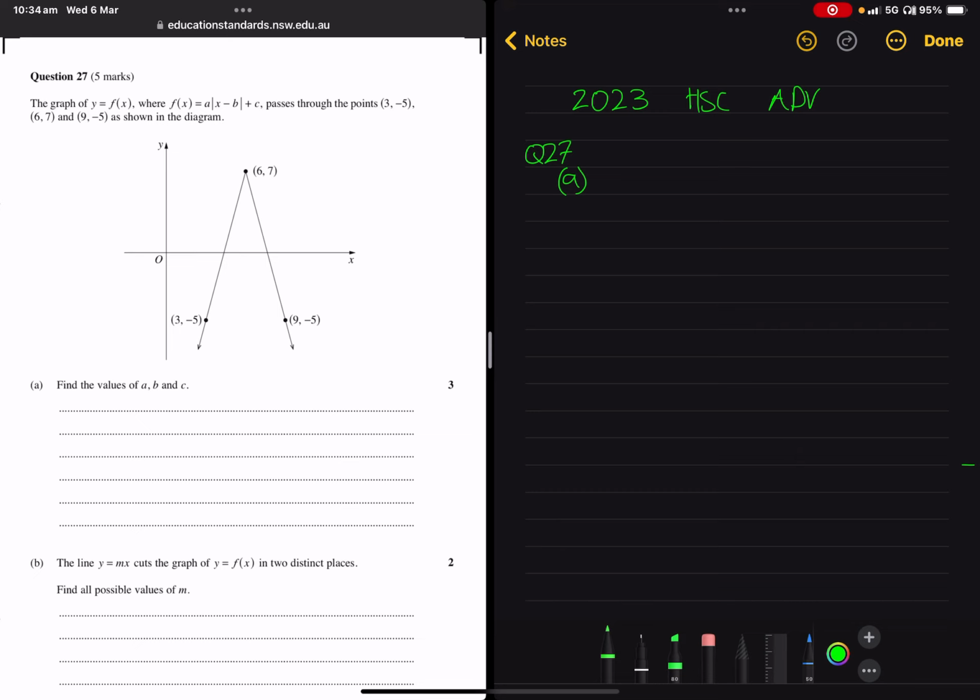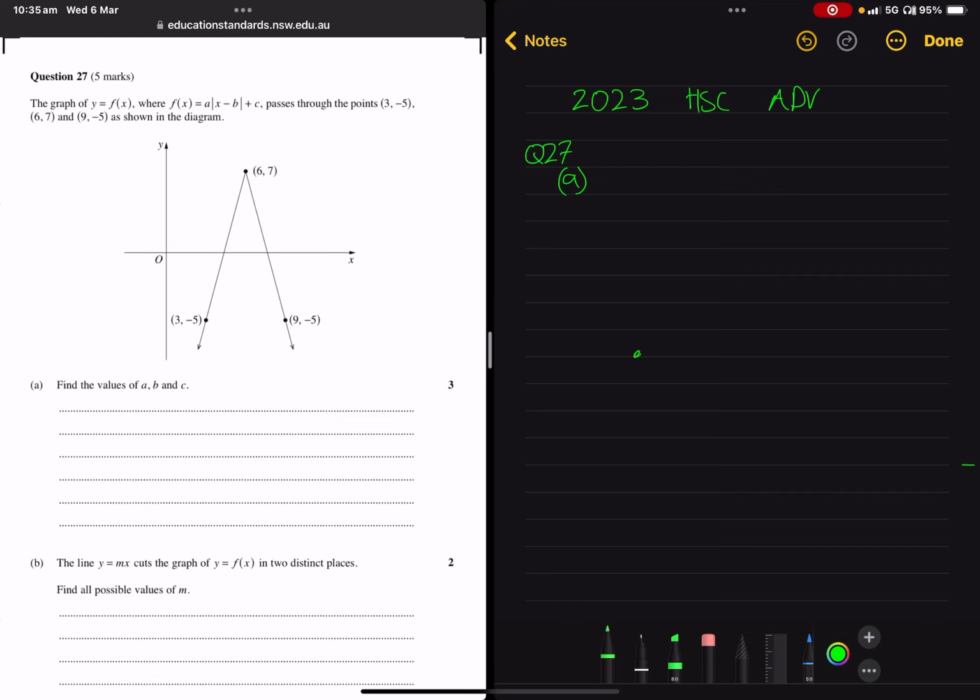Alright, so one way to do this is we can find the equations of the two lines. The line connecting the point (6, 7) and the point (9, -5), and (6, 7) and (3, -5). We only really need one of them. So let's find the line connecting (3, -5) and (6, 7).